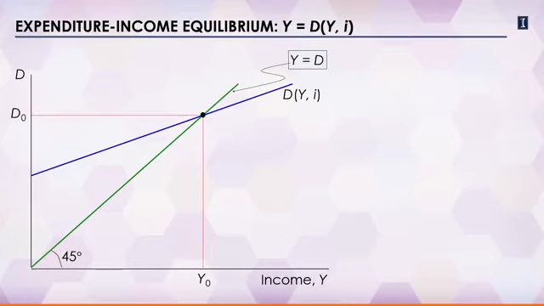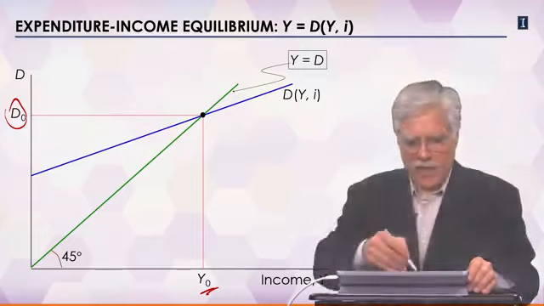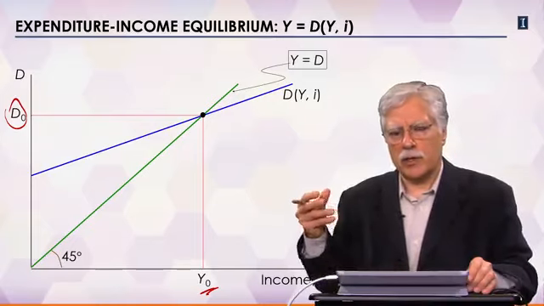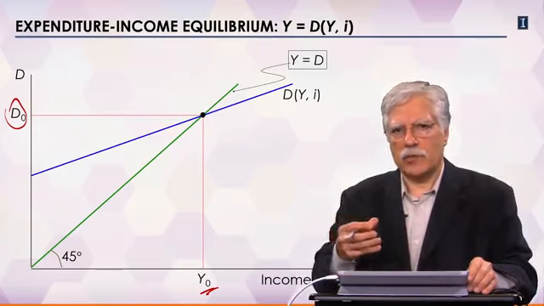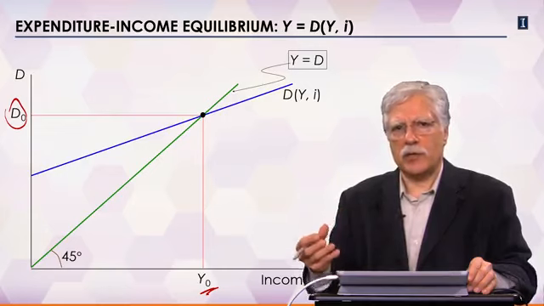At Y0, people are earning real income Y0, and they're spending on goods and services produced domestically exactly equal to D0. And that D0 is exactly the income people earn. So the income that people earn is consistent with their expenditure. There's no motive to change. There's no force to change the outcome. That's why we call it equilibrium.